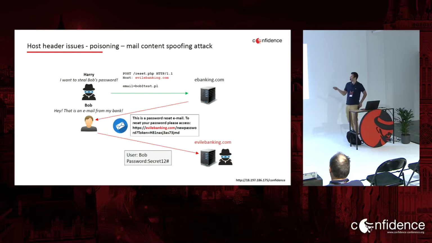Basically, the server will take this value and just paste it into the email. So the email will come from the legitimate mail server. However, the link will point the user to some malicious site, right? And in that case, if the user is unaware of what may happen, his credentials will be sent to the attacker.